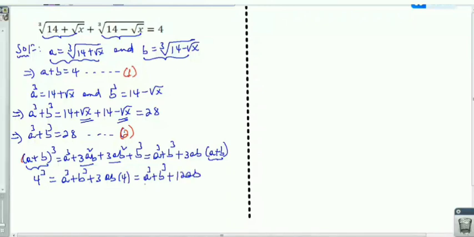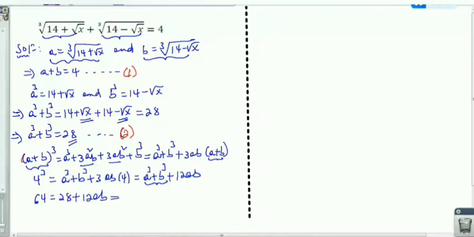But from the second equation, a cube plus b cube is 28. So 4 cube is 64, which equals 28 plus 12ab.